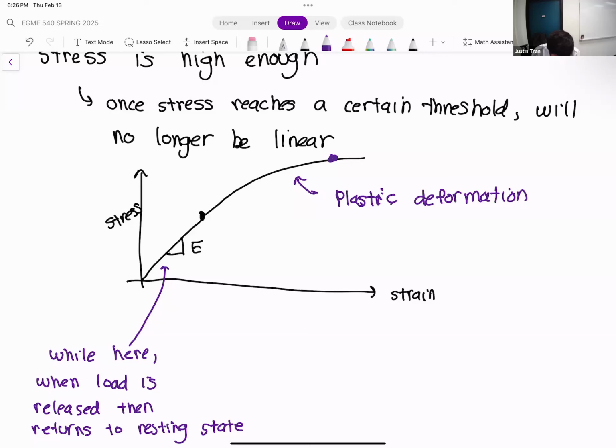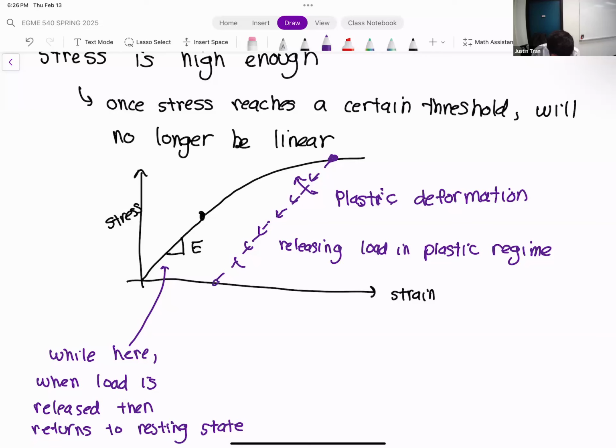If you release the load, this curve right here is releasing the load. If you release the load in the plastic regime, you're going to have some residual strain, or residual deformation, that is still there even when you're not loading the part.